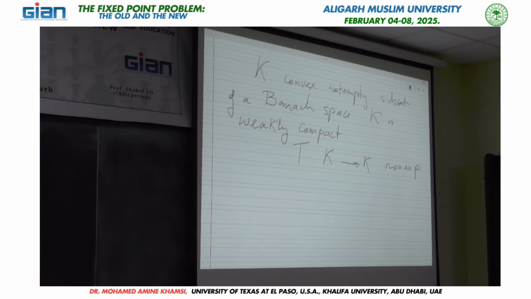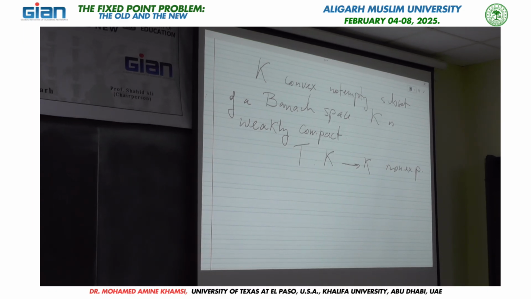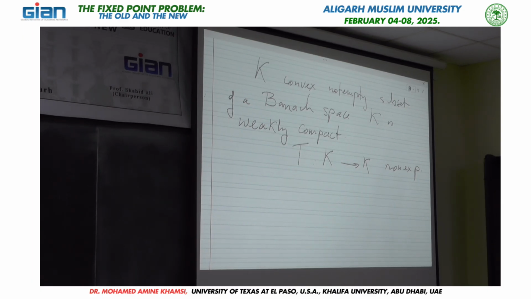Okay? If K is reduced to 1 point, then we have a fixed point. So of course this problem is interesting if K is not reduced to 1 point, which is equivalent to saying that the diameter of K is greater than 0.